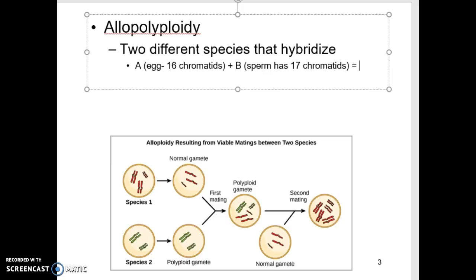Okay, that equals an offspring with 33 chromatids. That will then turn into 33 chromosomes.